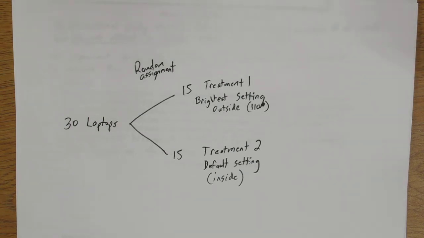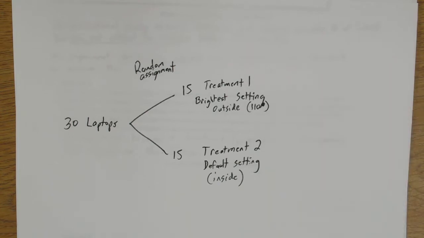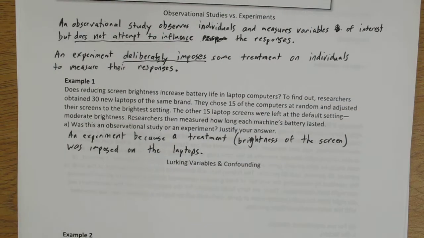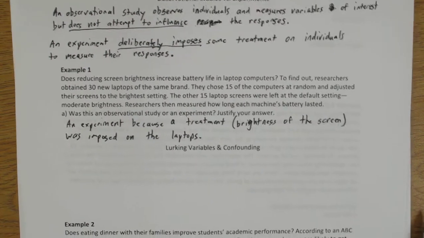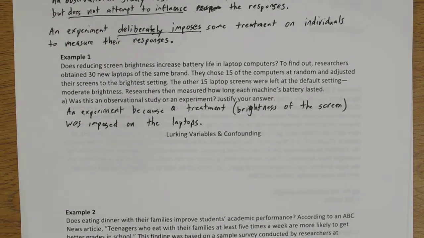Mainly, or maybe because the laptop has to cool itself and power fans and other things at a much higher rate than it would on the inside. So, in this case, we have what's called a lurking variable. And what the lurking variable is doing is it's causing confounding.